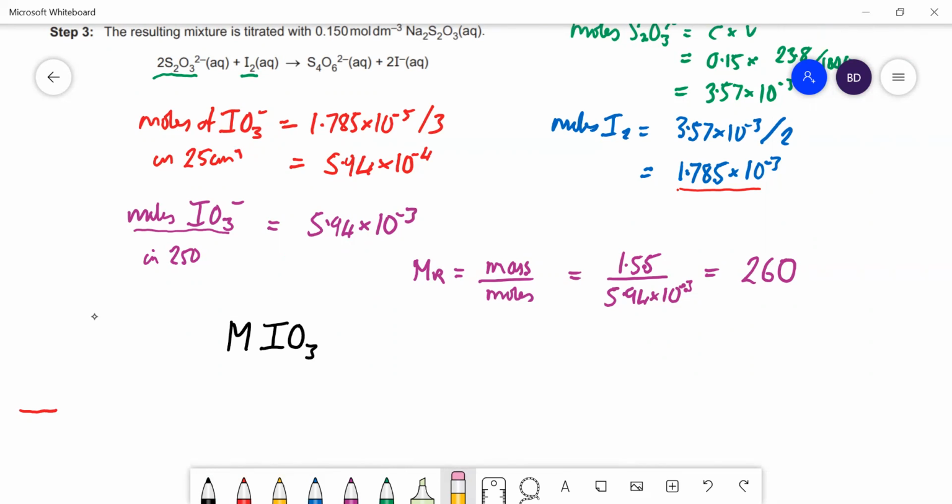Right, so we know that the MR of the whole thing is 260. And now, how much is the iodate bit of that way? So it's going to be 3 times 16 for the oxygen, that's 48, plus the iodine is 127.